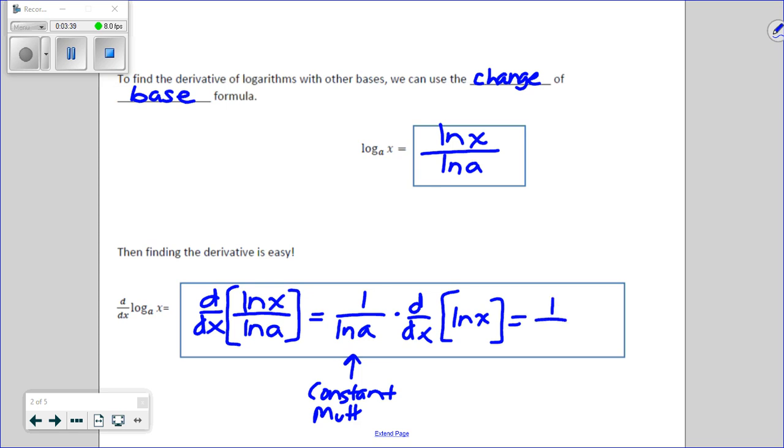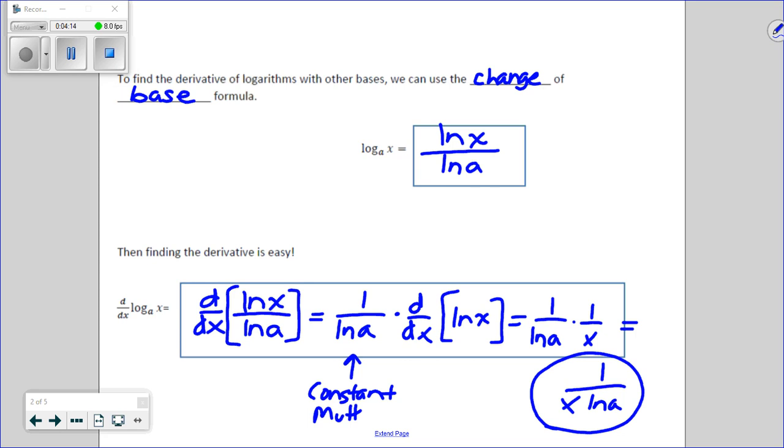So this equals 1 over natural log of a times 1 over x, which eventually we would probably write as 1 over x times natural log of a. Okay. So if you have a logarithm with a base other than e, then its derivative is 1 over x times natural log of a. Okay, so again, you can add that to your list of rules for derivatives.